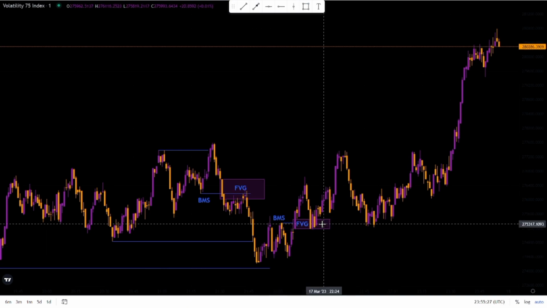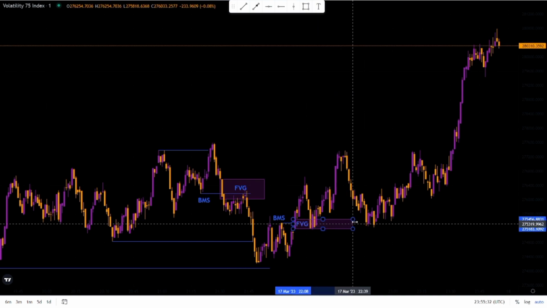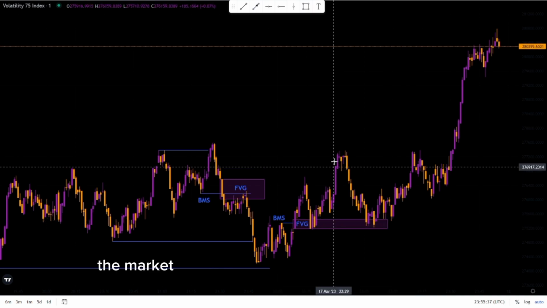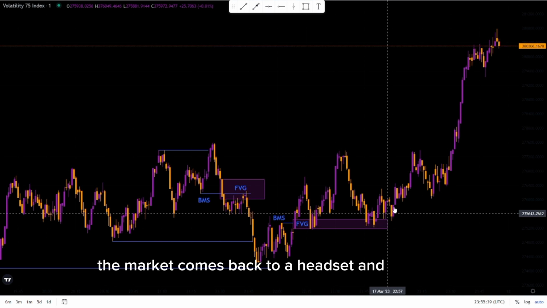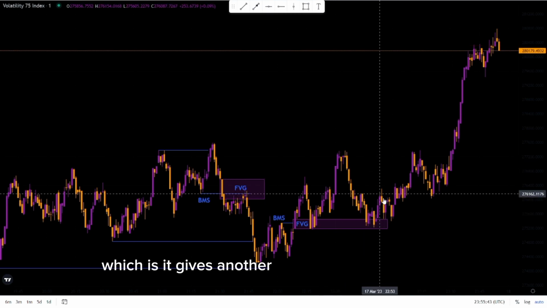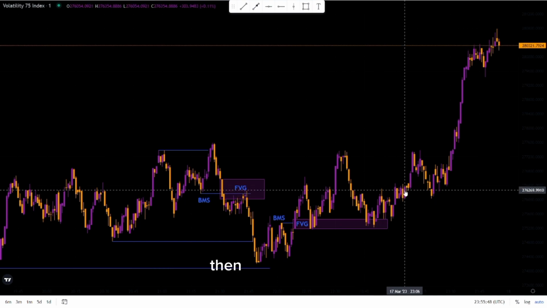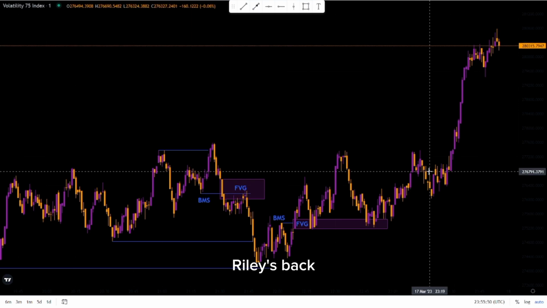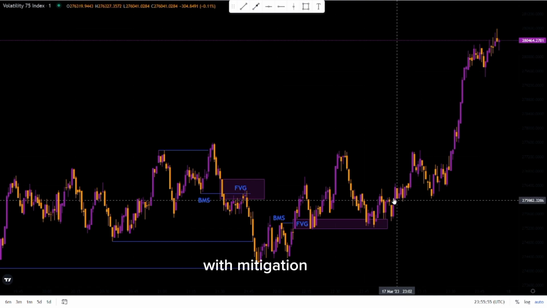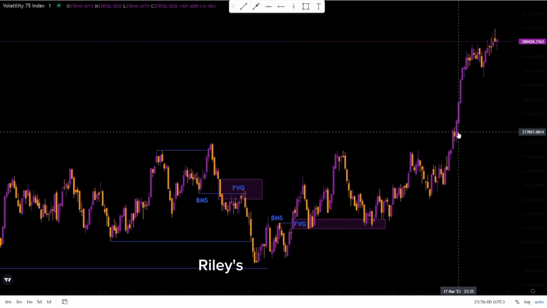If you extend this a bit, the market comes back to it, hits it, and rallies up, which gives another buying setup right there where it breaks the high, then continues up, rallies back, then back down. Then there's a smaller fair value gap, there's mitigation here, and the market hits that mitigation and rallies up some more.